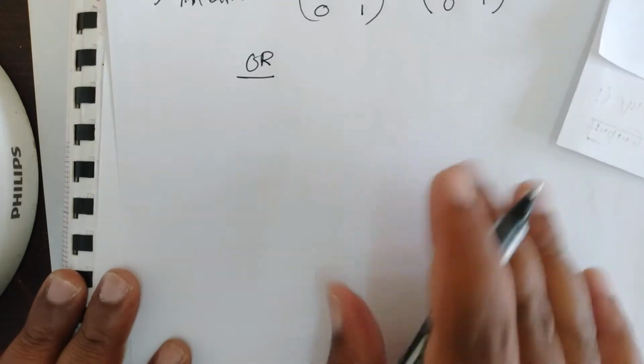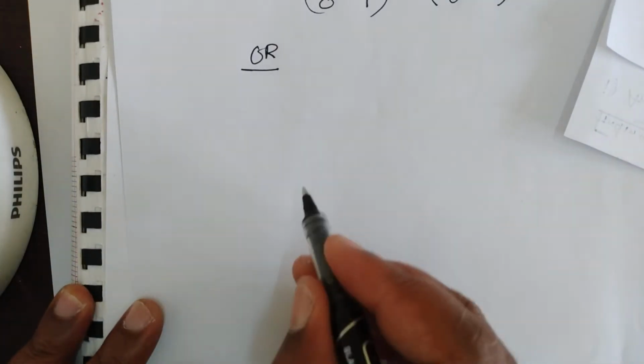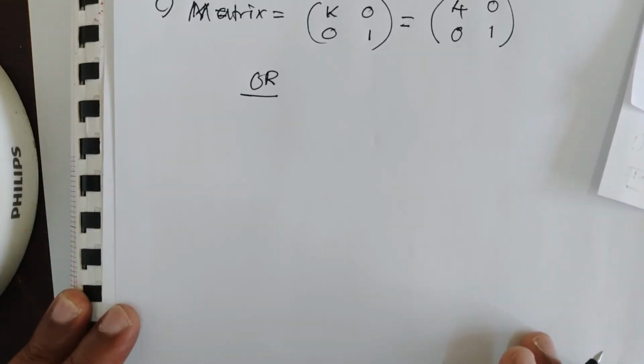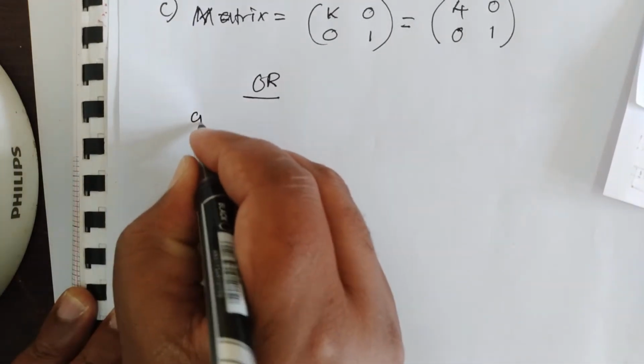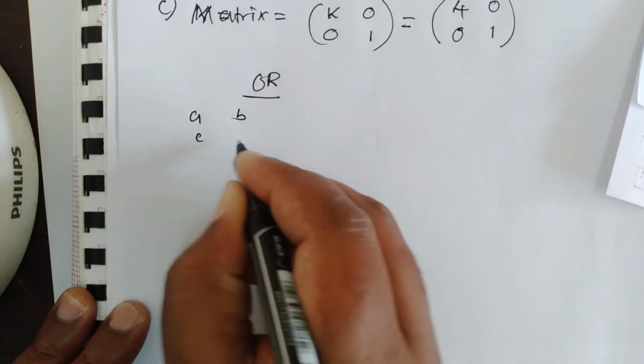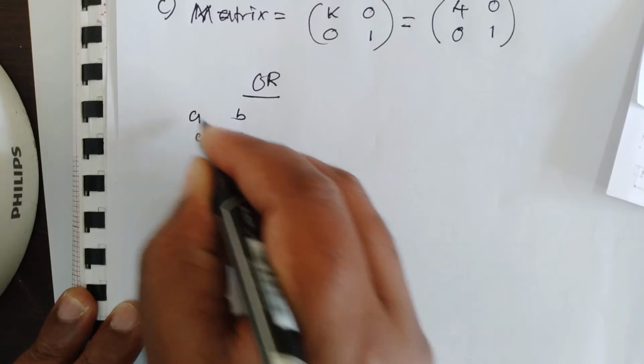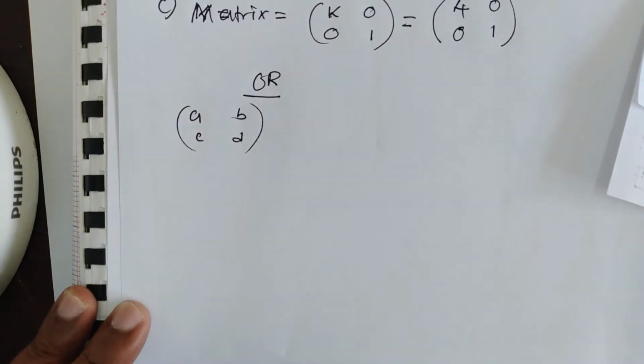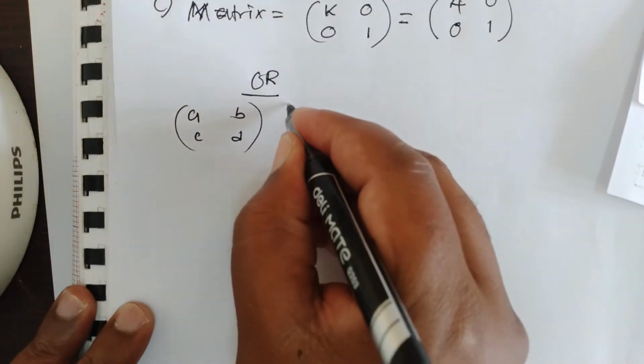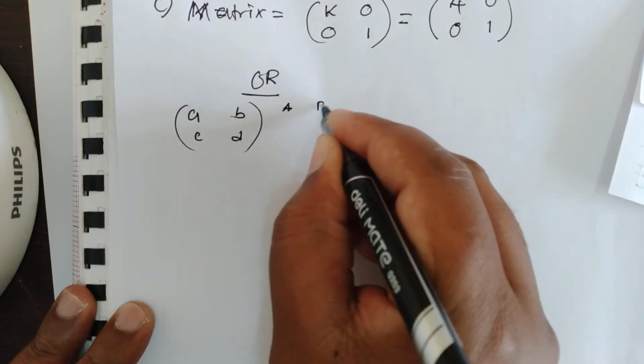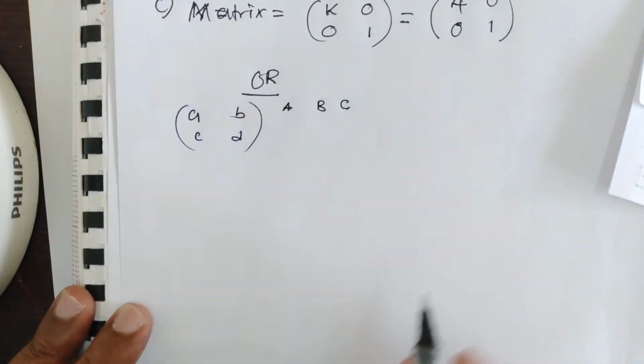What is the method? For us to find the matrix, we multiply the required matrix by the object, so that you produce the image.